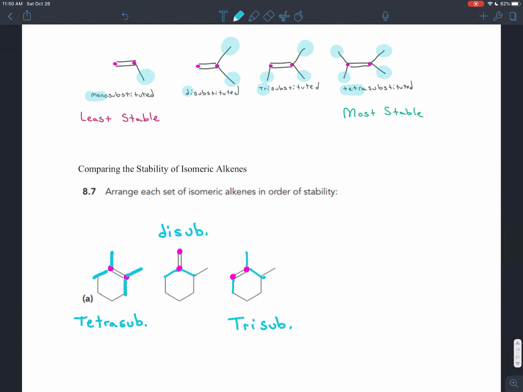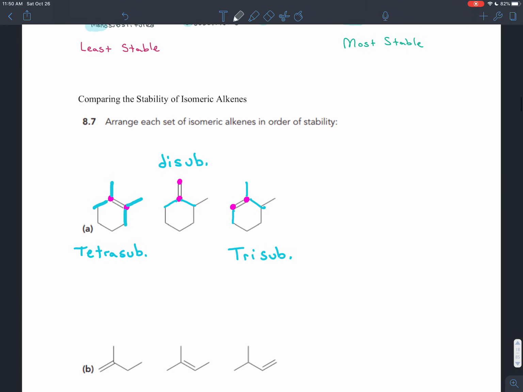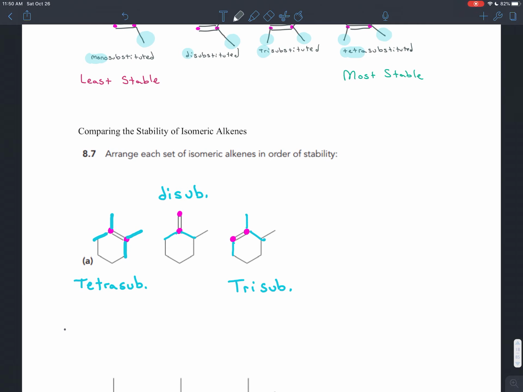If we were putting them in order of increasing stability, the least stable one first is going to be this disubstituted one. The electrons in the pi bond can only leak out in 2 places, so they're not going to spread out as much as in the others. The trisubstituted is the next most stable one, because it's the next most substituted.